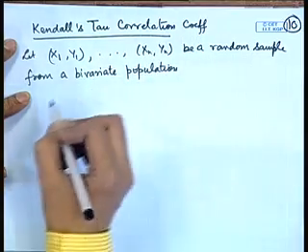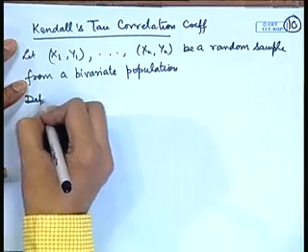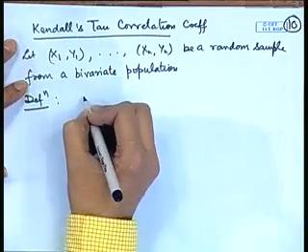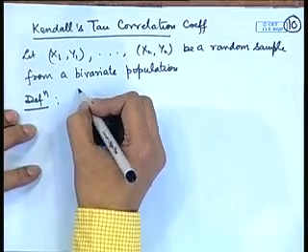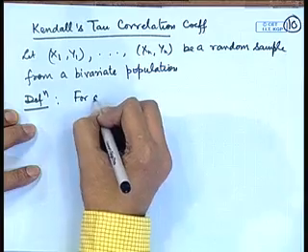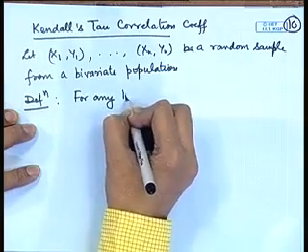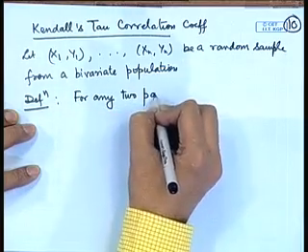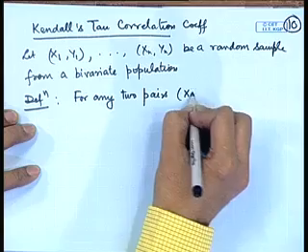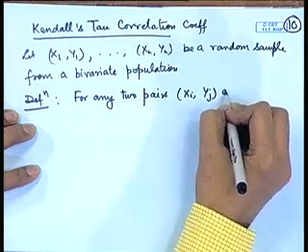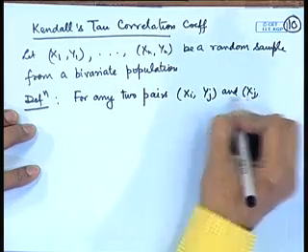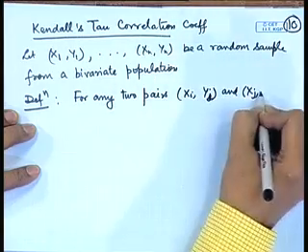We have the following definition for concordance or discordance for any two pairs xi yi and xj yj.